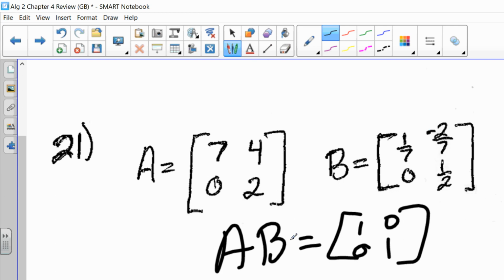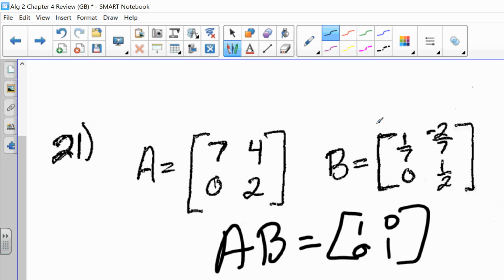So I'll do this by hand, as y'all do it in the calculator, because we've seen it once. We'd have 7 times 1/7 is 1. 4 times 0 is plus 0. We'll go over and down again. 7 times negative 2/7 would be negative 2. Plus 4 times 1/2 is plus 2.